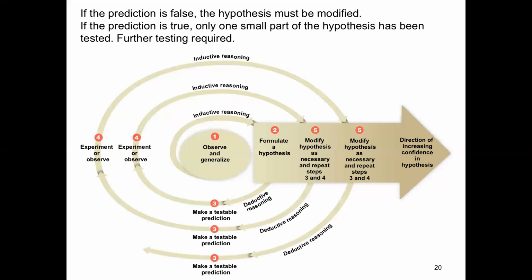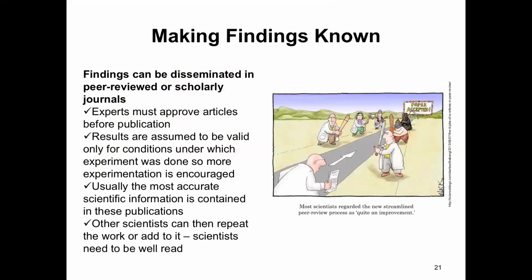So how does that happen? Well, scientists are obligated to make their findings known. They have to publish their results. And this is not an easy process, I'm going to tell you, all right? I just published a paper this past spring. It was difficult, all right? Now, why is it difficult? So you finish a series of experiments, you write a paper, you send it to a journal, all right?